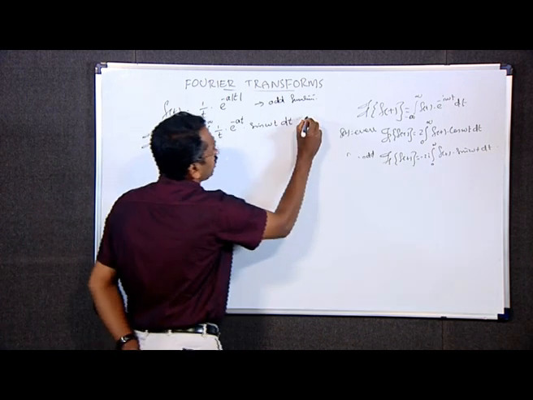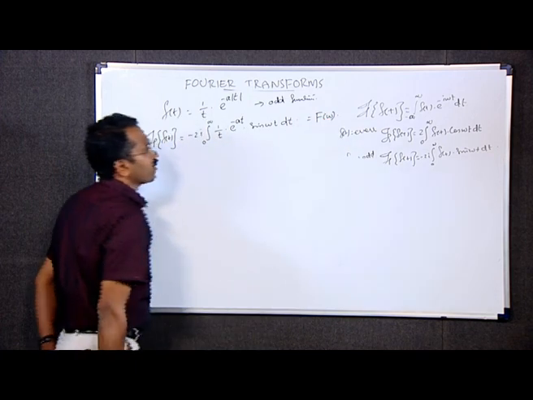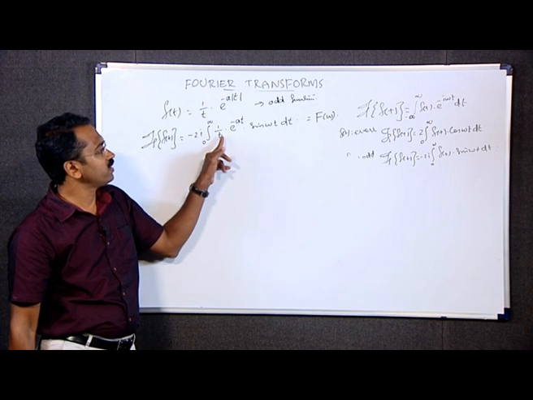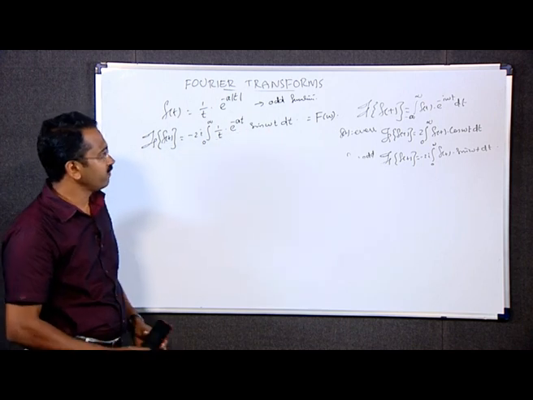We denote this by f of omega, that is f of omega is minus 2i into integral from 0 to infinity 1 by t into e raised to minus a t into sin omega t dt.